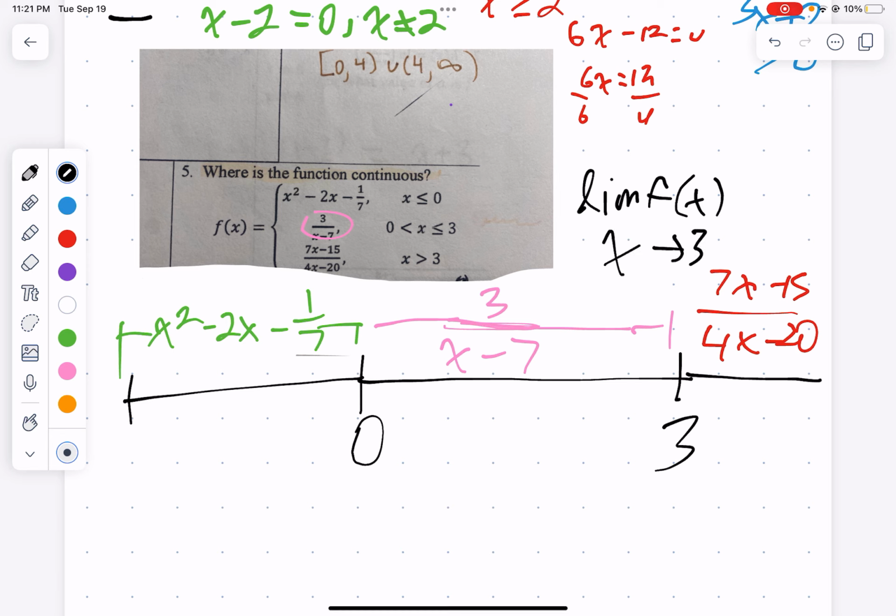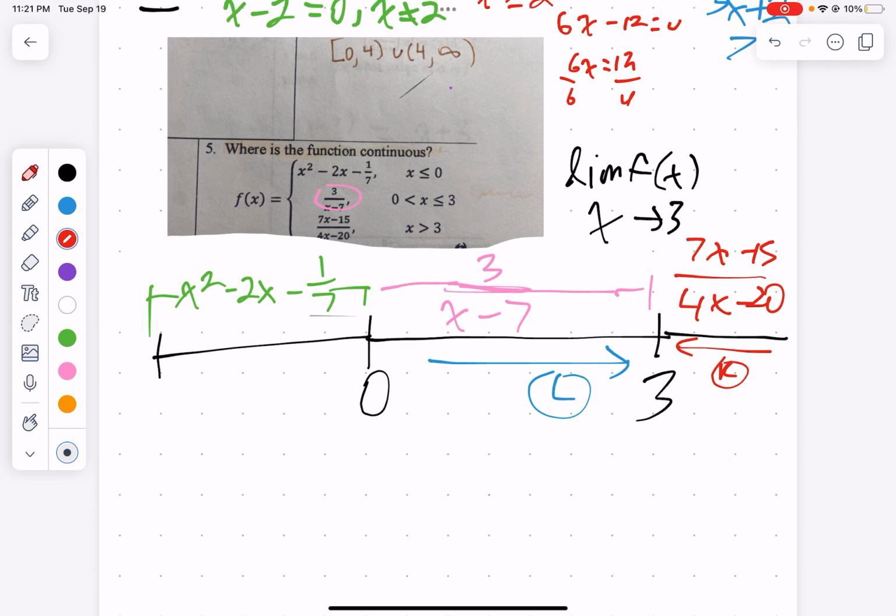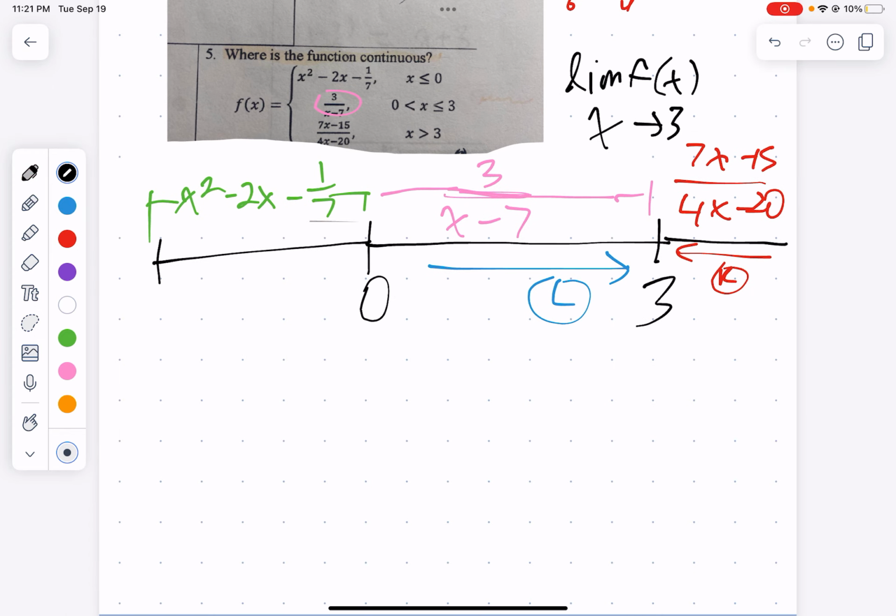So we have 3 here. We're going to evaluate from when it comes from the left with this function and when it comes from the right with this function.